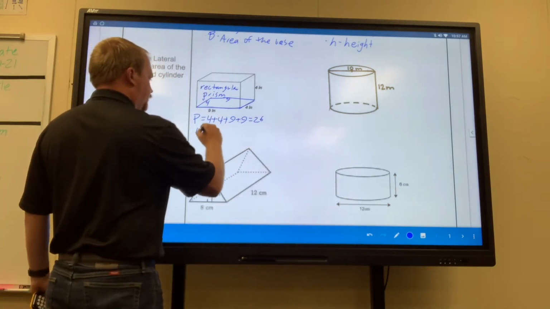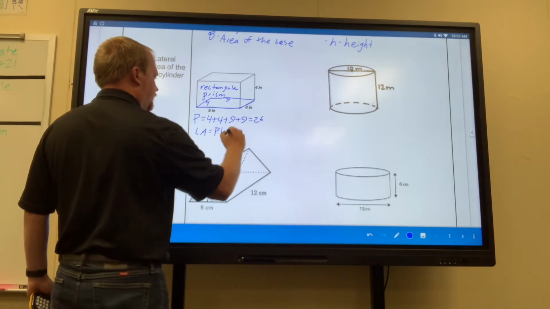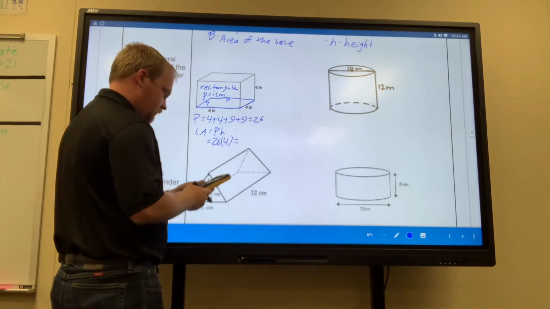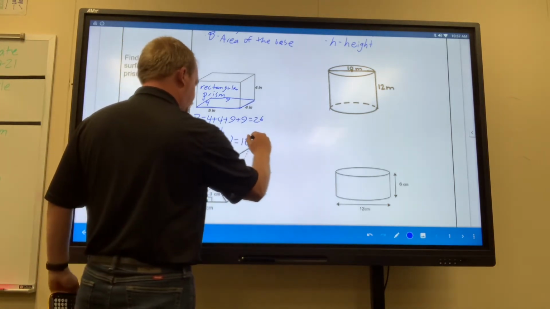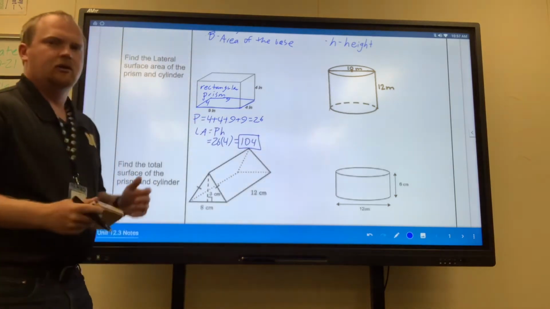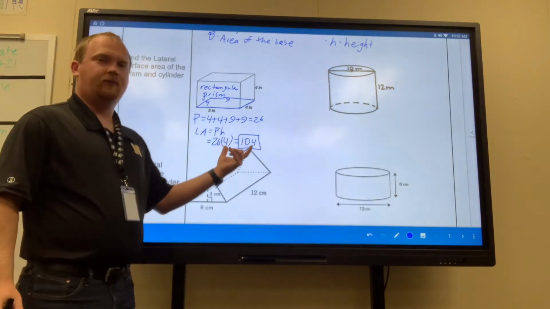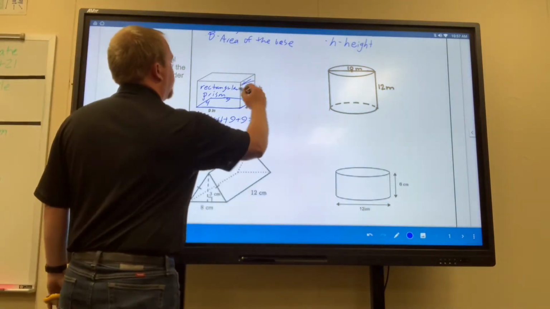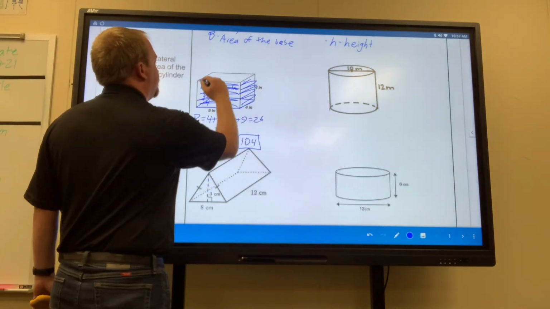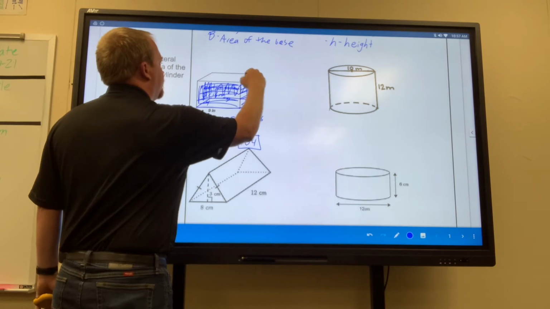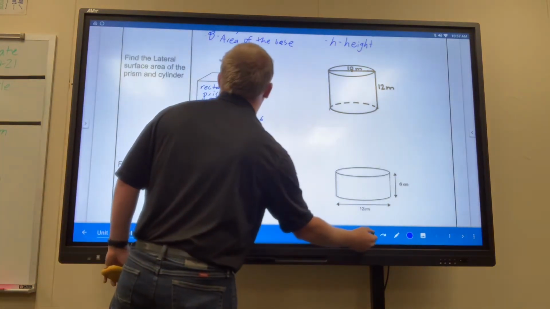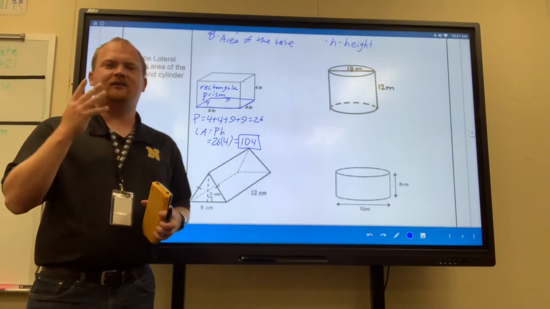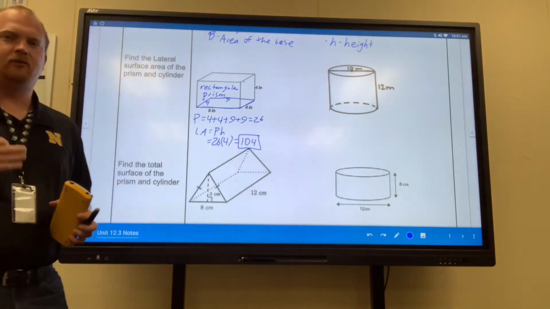Remember, lateral surface area is perimeter times the height. So 26 times 4 gives me 104. So my lateral surface area is 104. And that covers this face, this face, this face, and that face. So remember, it just covers the four non-base faces. That's what lateral surface area does.